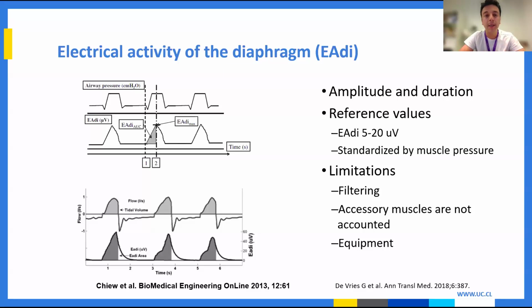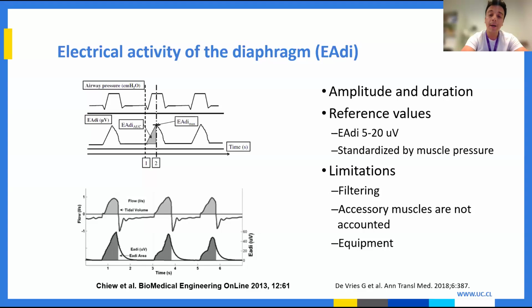Because of the filter, the activity of the diaphragm is beginning delayed, then you can interpret this as a patient-ventilator reverse triggering, for instance. And that's why you need to be aware that some filters are applied.